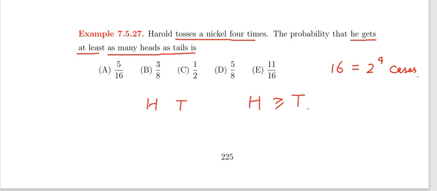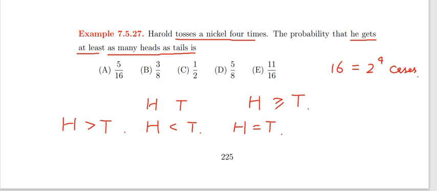We just split this into 3 cases: the number of heads is larger than tails, or heads less than tails, or heads equal to tails. Right? There are 3 cases.